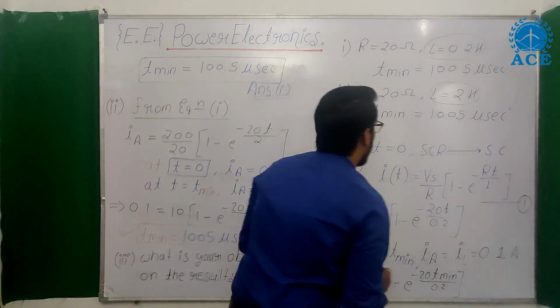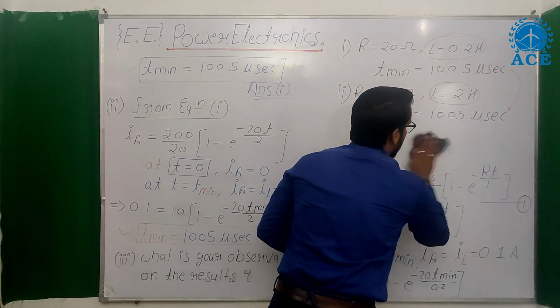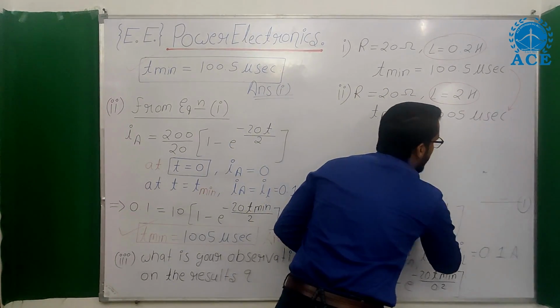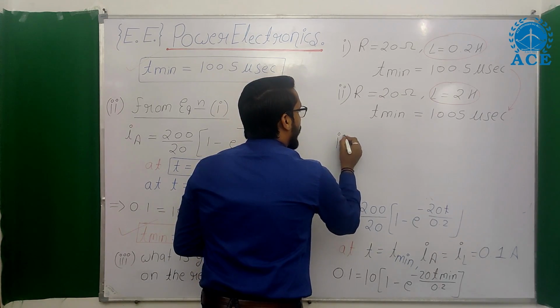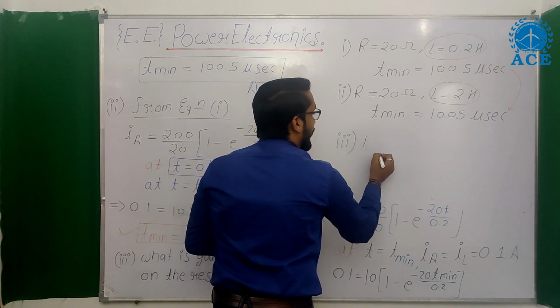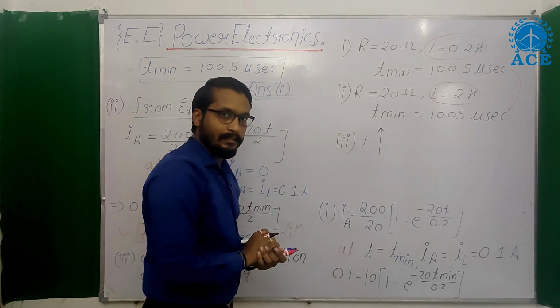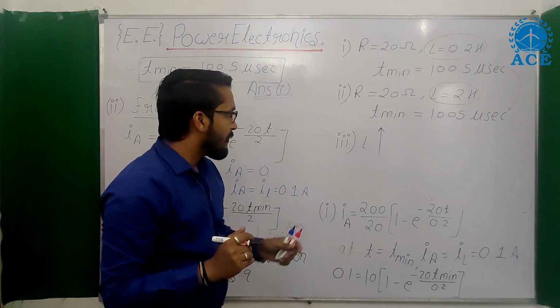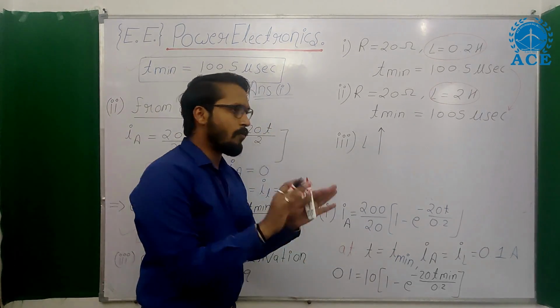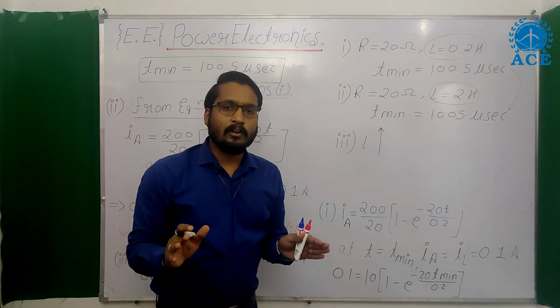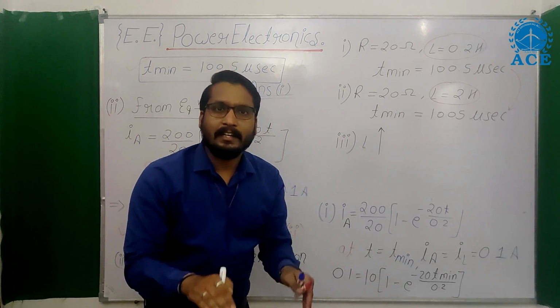So what can we conclude? We can conclude, for the third bit, that as the inductance L increases, the inductive effect in the circuit increases, and obviously the rate of rise of current decreases.